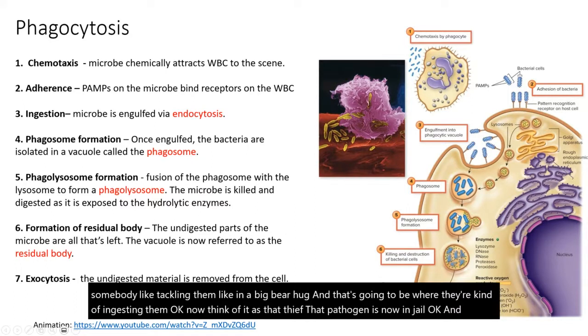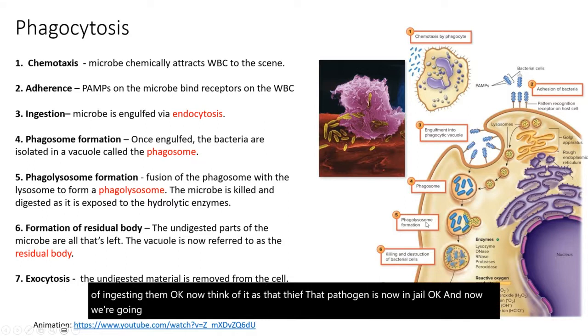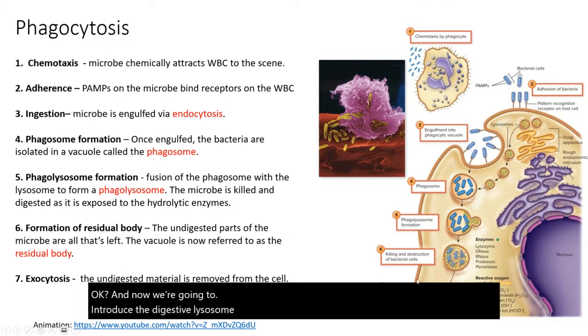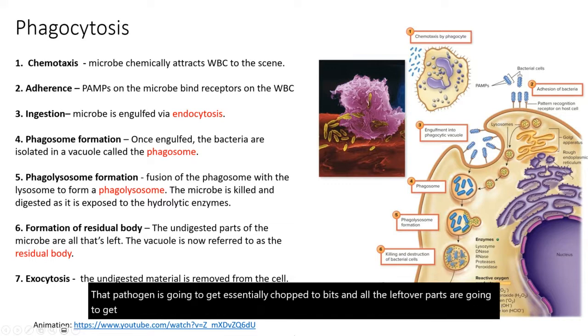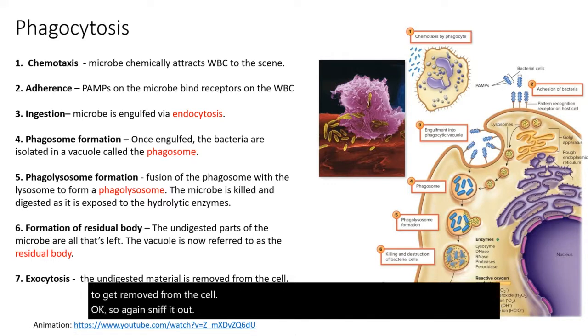And now we're going to introduce the digestive lysosome here. That pathogen is going to get essentially chopped to bits, and all the leftover parts are going to get removed from the cell. Okay. So again, sniff it out, hunt them down, catch them, isolate them, chop them up, throw away the excess. That's essentially what just happened.